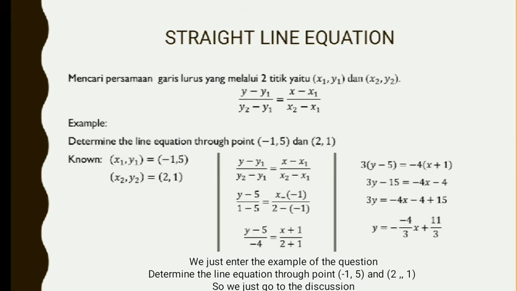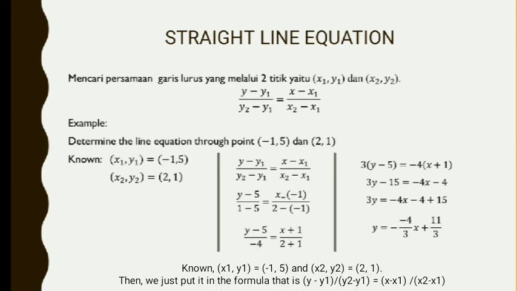So we just go to the discussion. Now x1, y1 equals minus 1, 5, and x2, y2 equals 2, 1. Then we put it in the formula, y minus y1 over y2 minus y1 equals x minus x1 over x2 minus x1.